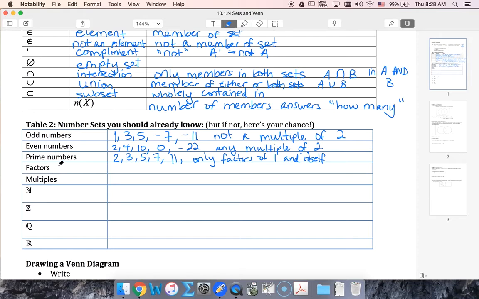So I guess really factors should have come first. Factors are numbers that multiply to make the given number.